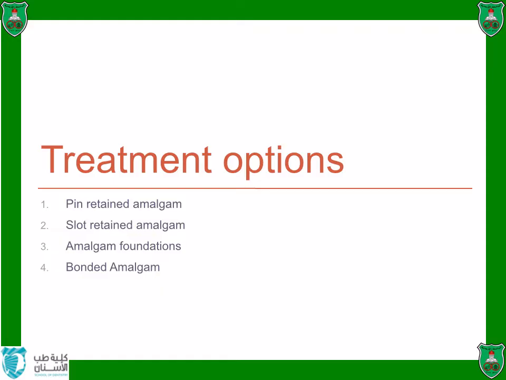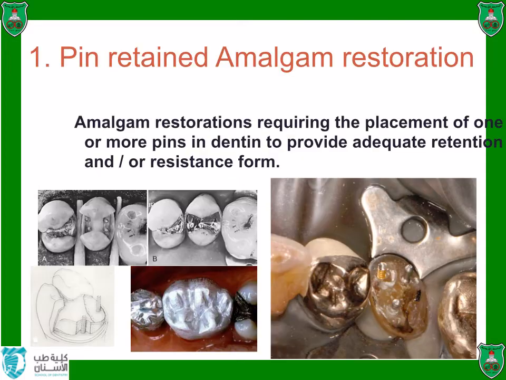Sometimes we can use amalgam as a foundation, then place indirect restoration, or sometimes recently they use something called bonded amalgam. We should aim to bond the amalgam to the tooth structure, so it will have micromechanical retention, like the retention done with composite. So we'll learn about all those types of retention in this lecture, inshallah.